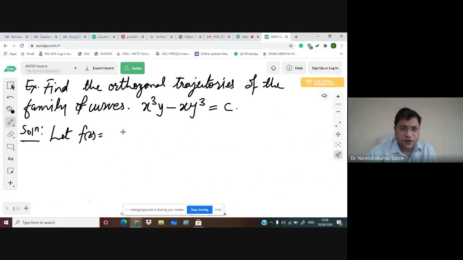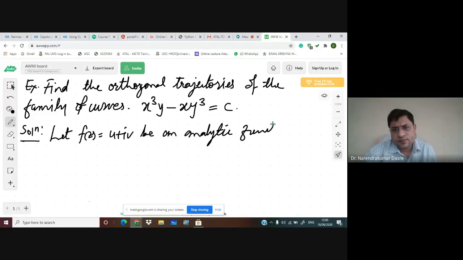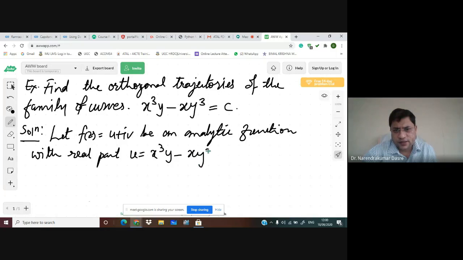Let f of z is equal to u plus iv, an analytic function with real part u is equal to x cube y minus x y cube is equal to c.